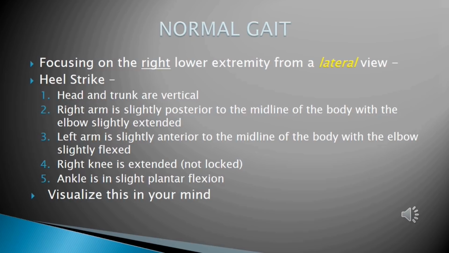This is known as reciprocal arm swing. And we'll talk a little bit more about reciprocal arm swing when we get into a discussion of canes and assistive devices. Okay, so if the right arm is slightly posterior to the midline of the body, the left arm is slightly anterior to the midline of the body, and this is the component of reciprocal arm swing.